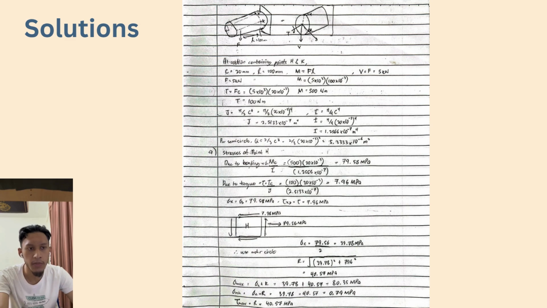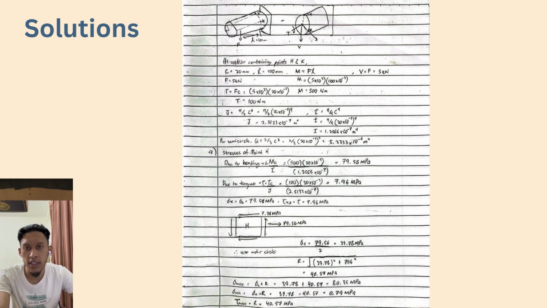So for the polar moment of inertia J, the formula is pi over 2 multiplied by C to the power of 4. So if we substitute the value, we get 2.5133 times 10 to the power of negative 7 meter to the power of 4.